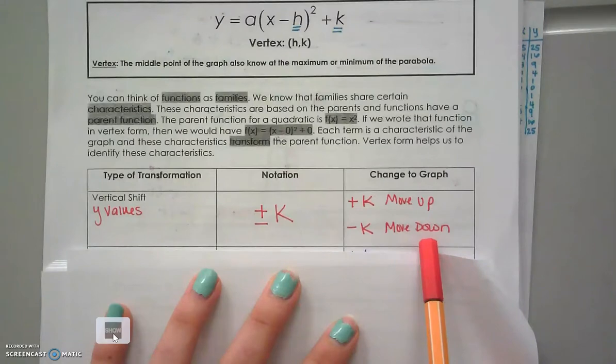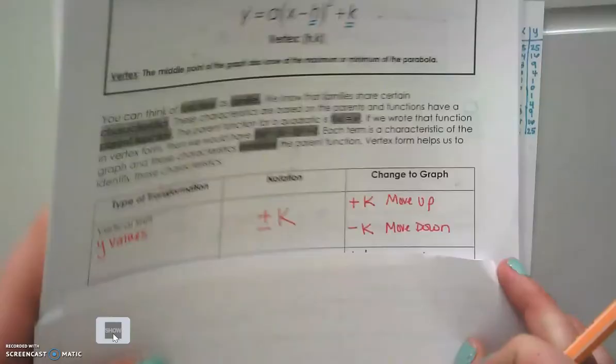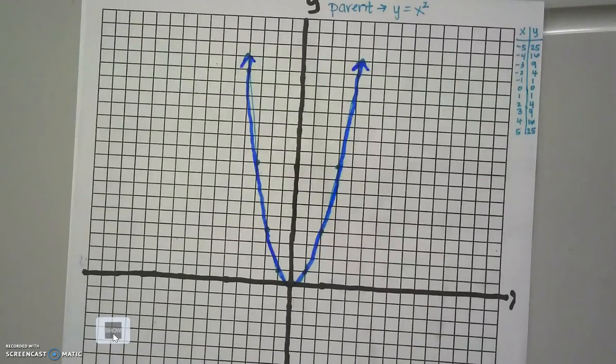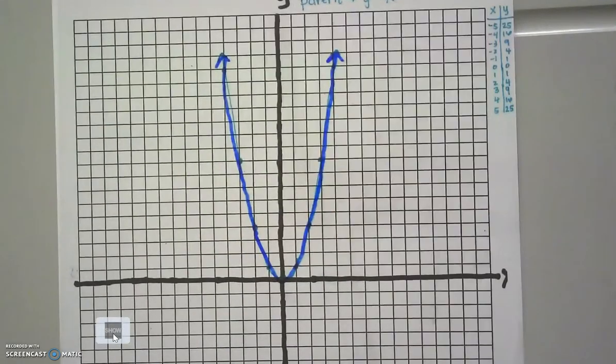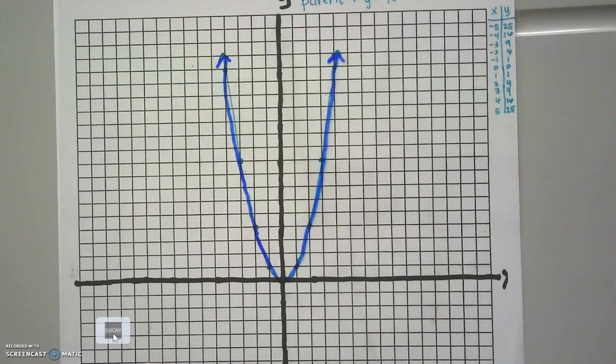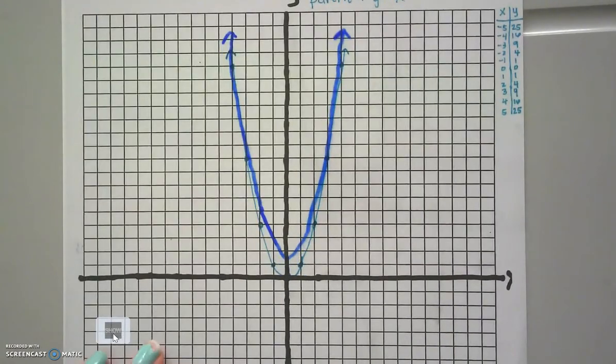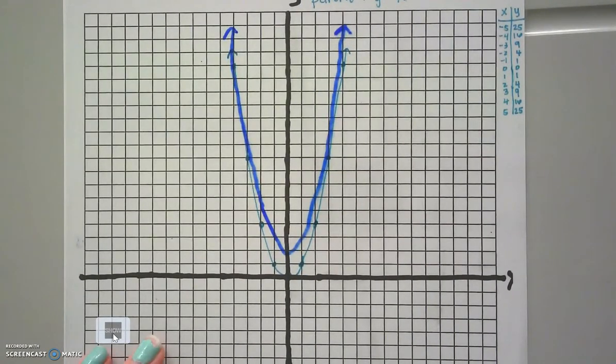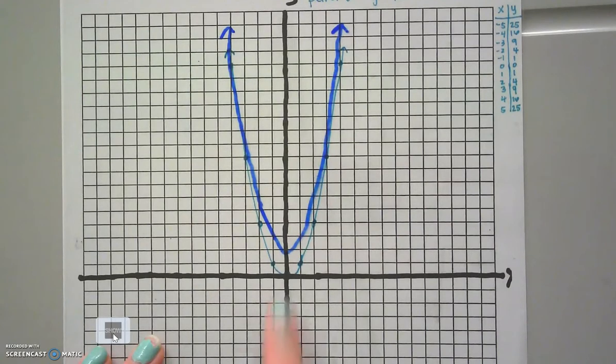So let's look at this on a graph. Here's my quadratic. If I told you I wanted to move this thing up 2, we would go up 1, 2. My hope is that you can see, here's where we started, and the dark blue line is what changed. That's what the transformation is.